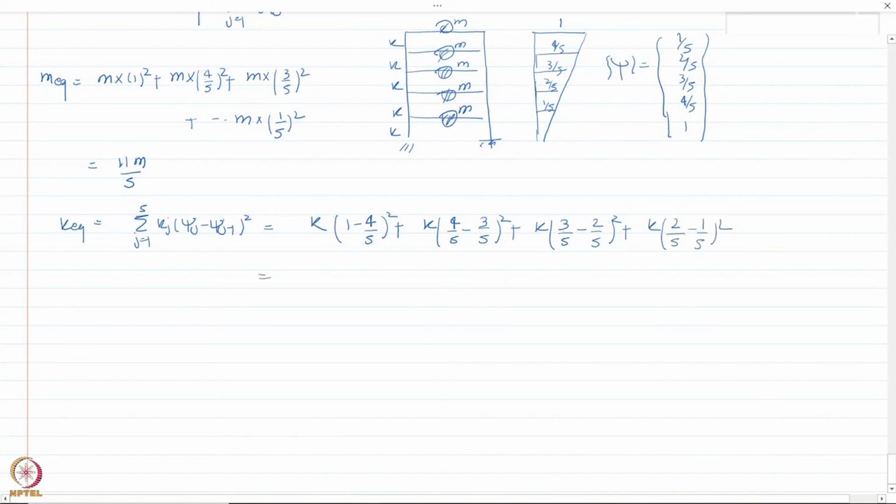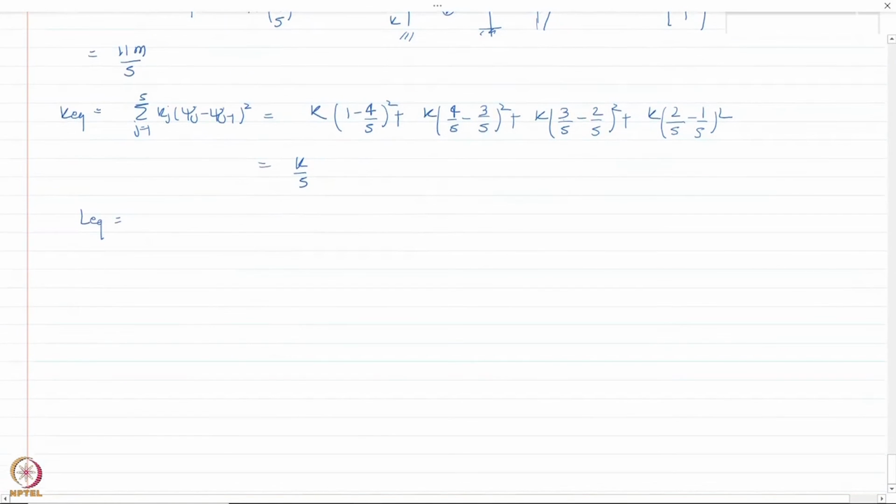We can simplify that and we see that the k we get is actually k by 5. Similarly we can find the L equivalent as well, which is the sum of mj times phi j for j equal to 1 to 5, and if you substitute the values this would come out as 3m.